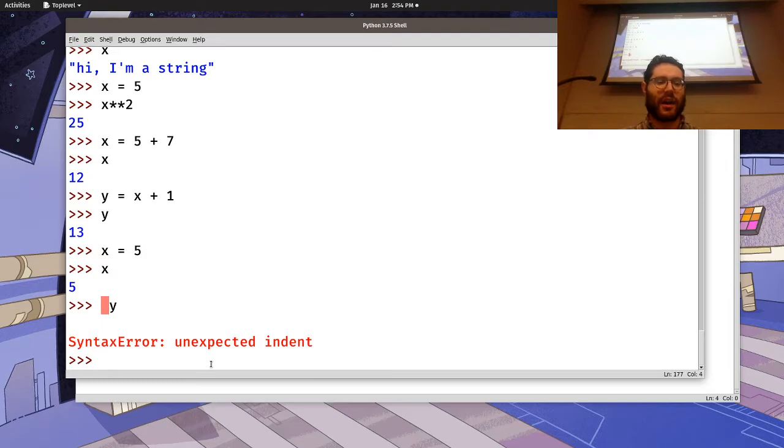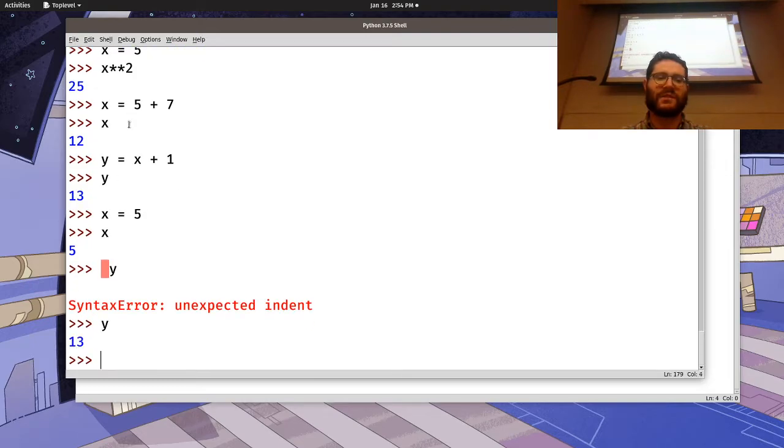It's not going to change y's value. y is still going to be 13. You might expect it to change to 6, right? If you're thinking about it in terms of mathematics. But remember, that's not the equal sign. This is the assignment operator. It's a subtle difference. We evaluate the expression on the right and store it in the left.